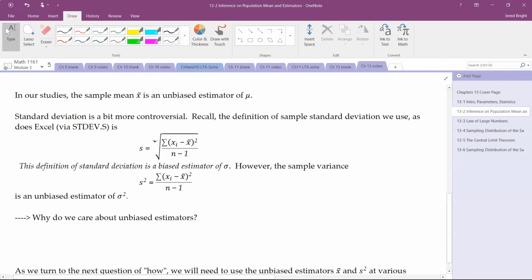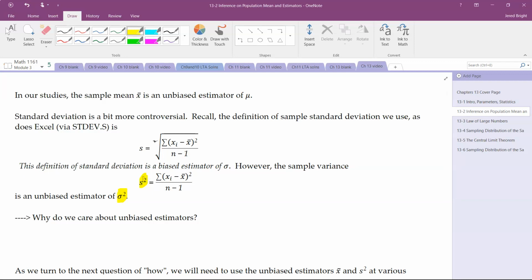It systematically underestimates the population standard deviation. However, sample variance is an unbiased estimator of the population variance. Just remember when we square the standard deviation, we get the variance. So we can use sample variance s squared as an unbiased estimator of sigma squared.